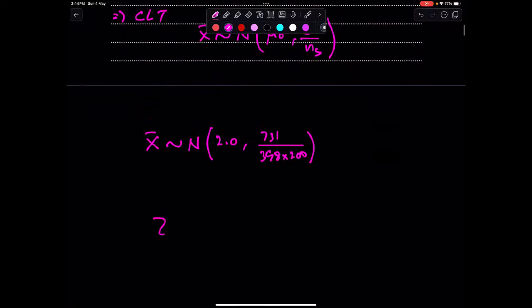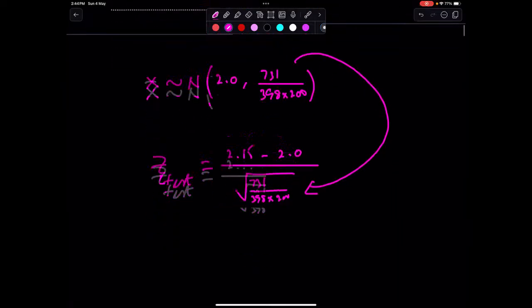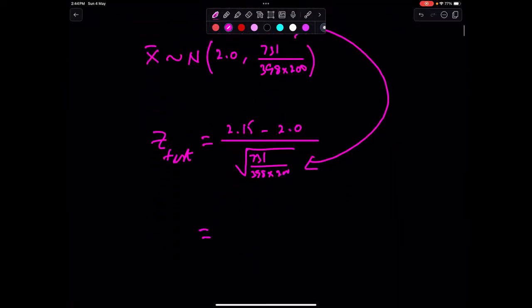Now find Z test. It's X bar, which is 2.15, minus mu naught 2.0, over the square root of this. So this value will be 1.565.